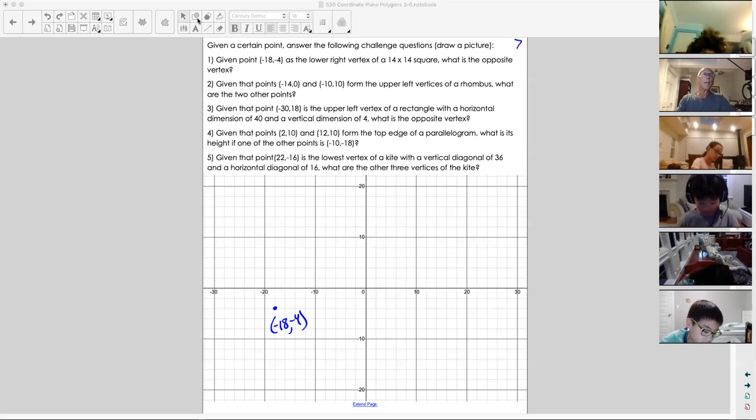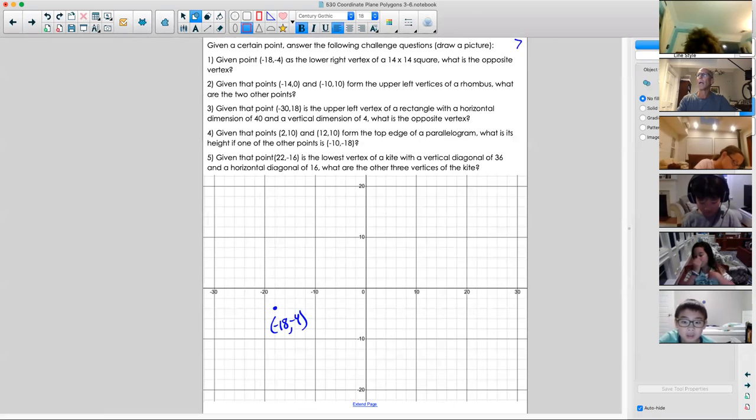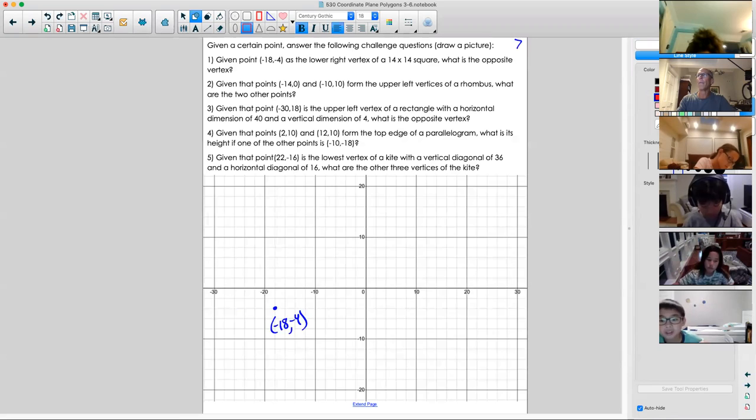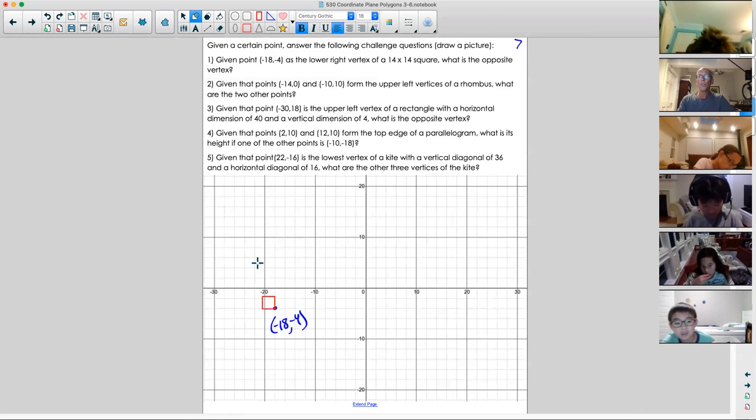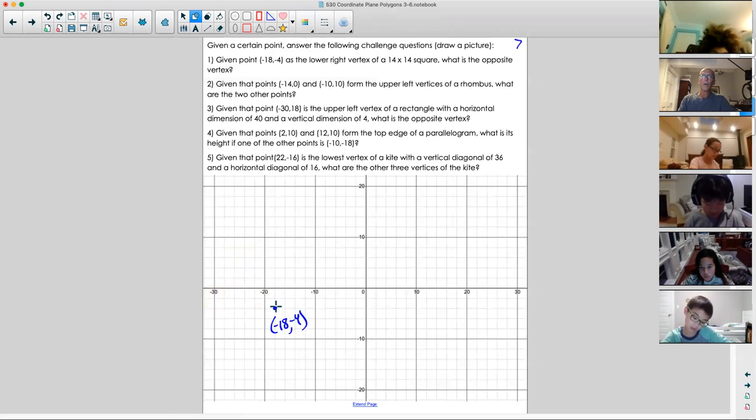So I'm going to now draw the square to make sure that everybody is on the same page, so to speak. Does your square look like this? Yeah. Does it look like that, guys?